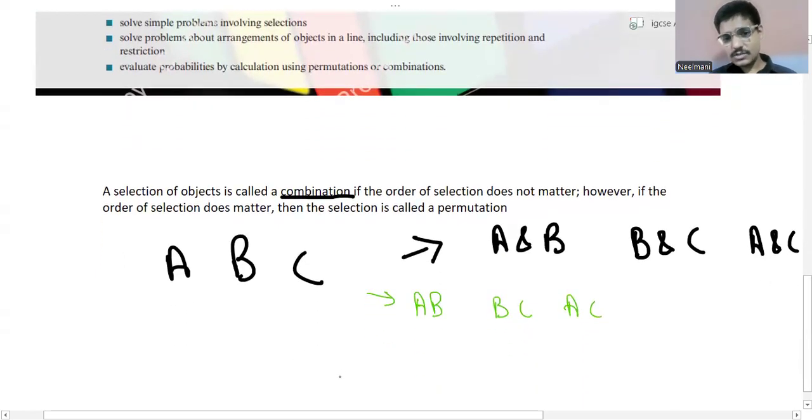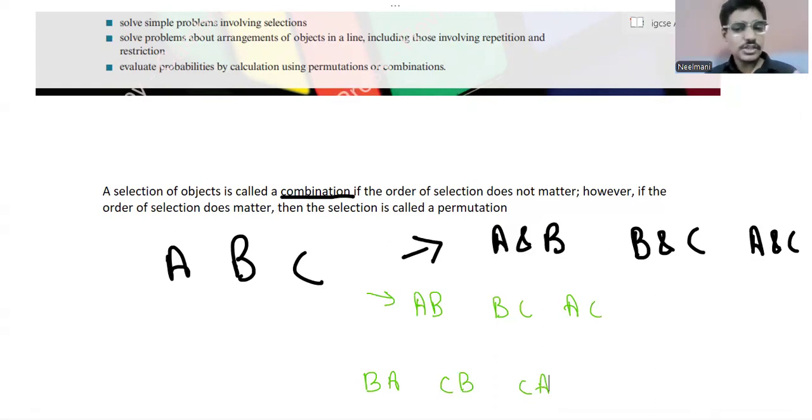In the next one, I can rearrange this to form BA, CB, and CA. Although the combinations AB and BA are the same, the sequence matters: A comes first and B second, or B first and A second. That is very important, and the second one is known as a permutation.